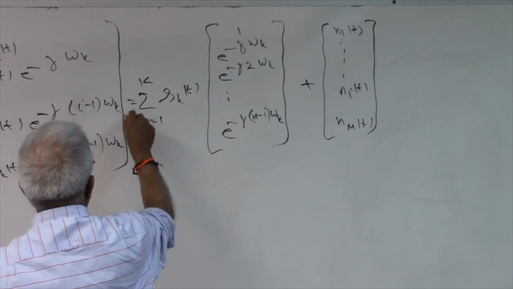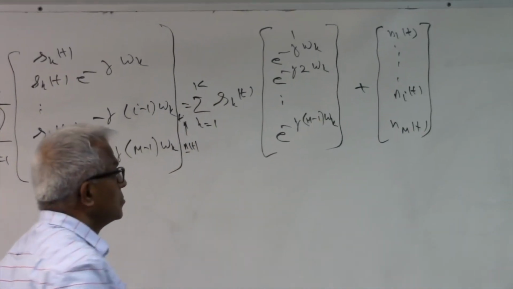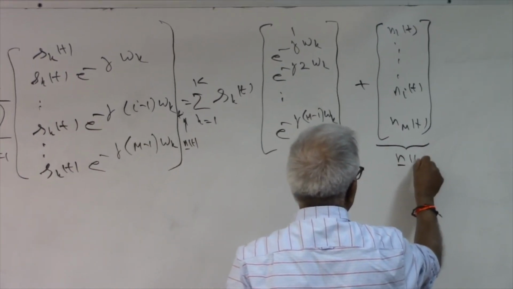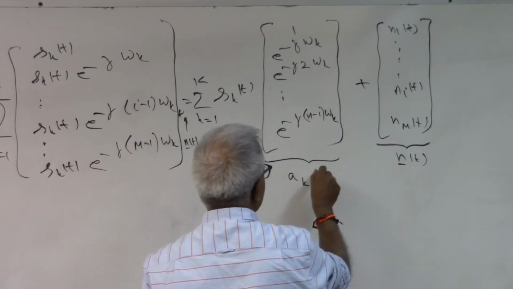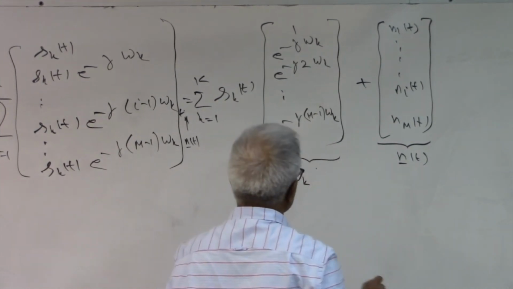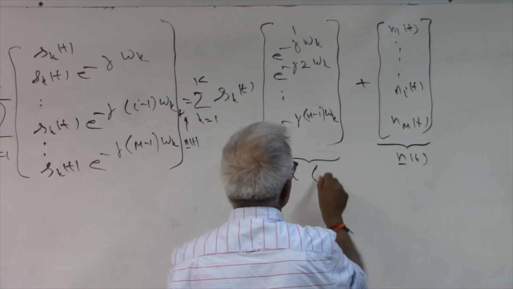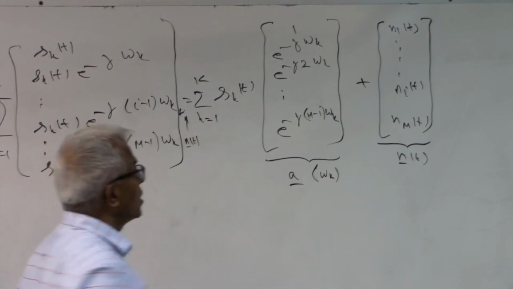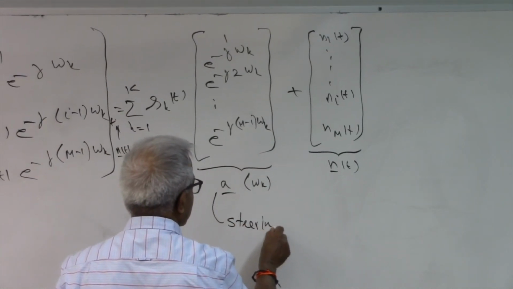There is also, of course, a noise term here. And let me call this n of t. Let me call this a vector. This is generally called, and you know the reason, the steering vector.